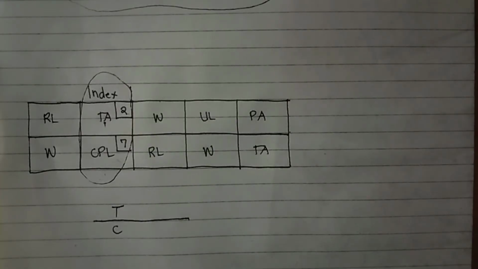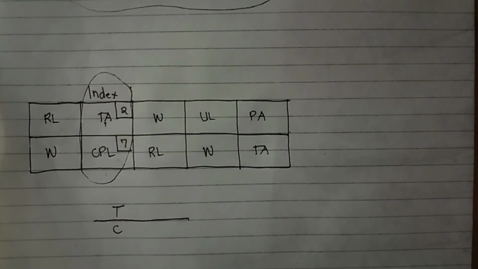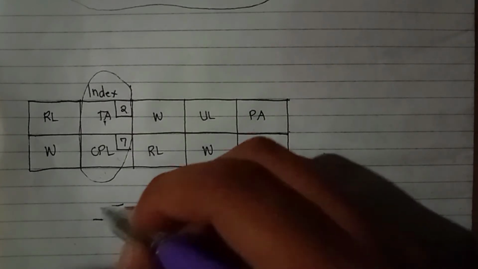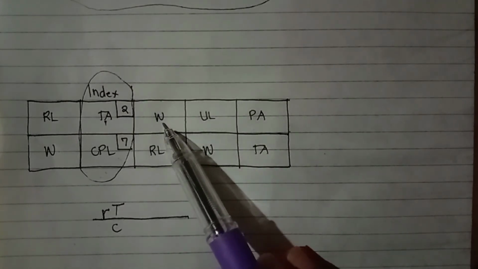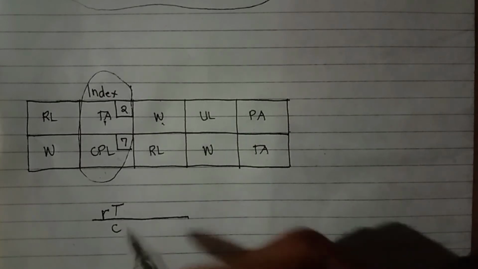Radial loop belongs to the rat, so let's put in small letter r. Whorl is not included in radial loop, so leave it dash.